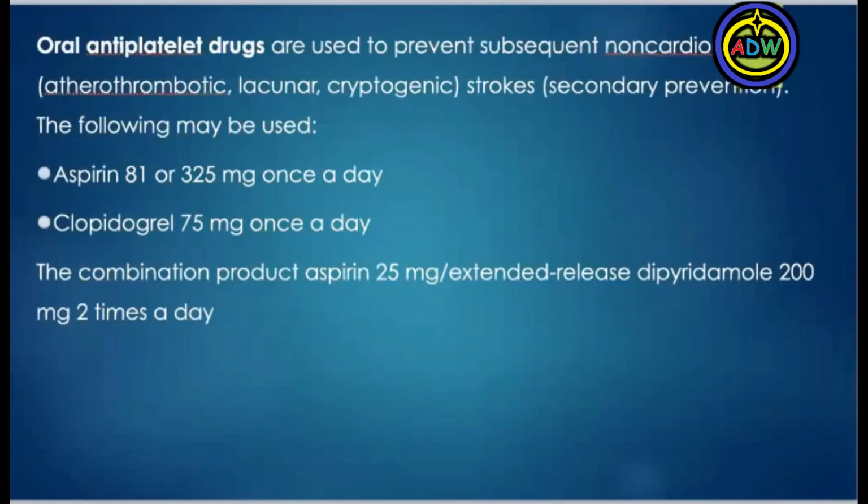Oral antiplatelet drugs are used to prevent subsequent non-cardioembolic, atherothrombotic, and lacunar cryptogenic strokes. Secondary prevention: oral antiplatelet drugs are used as secondary prevention. So what can we give as oral antiplatelet drugs?